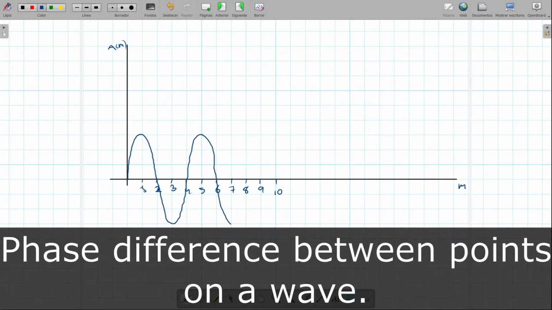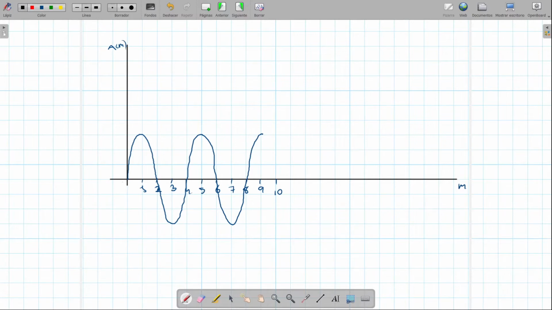And if we consider points in the wave, for example this is point A, point B, point C, and let's consider D and E. Point A and B have a phase difference.